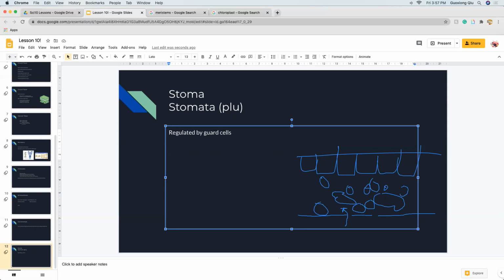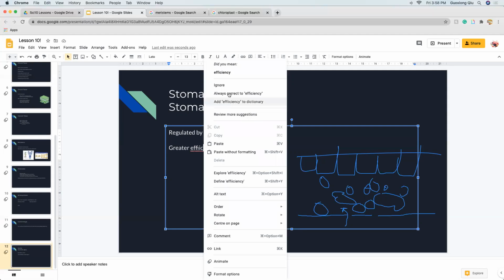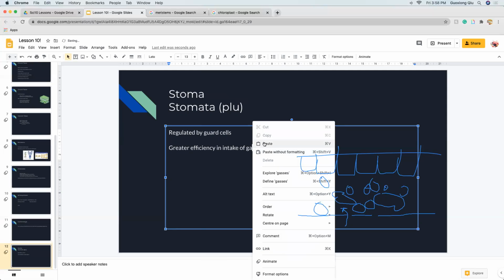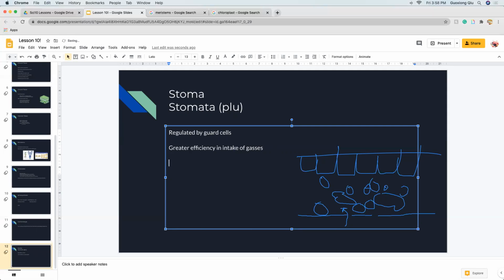Greater efficiency in intake of gases. That's what the stoma does. It allows for greater efficiency of gases. Let's see what else it does.